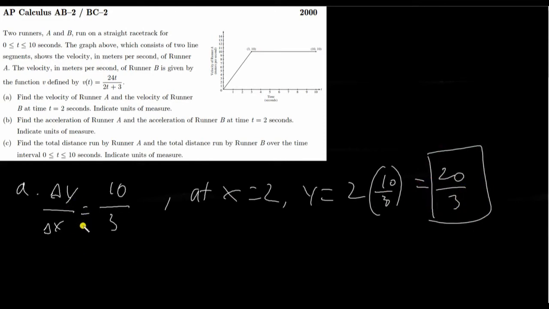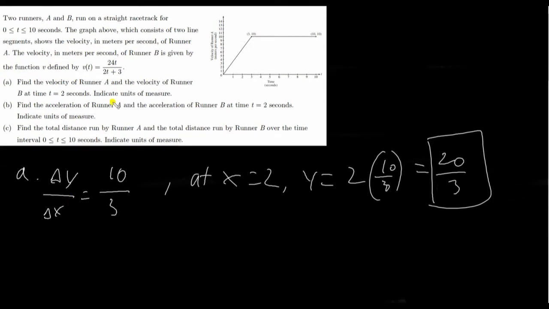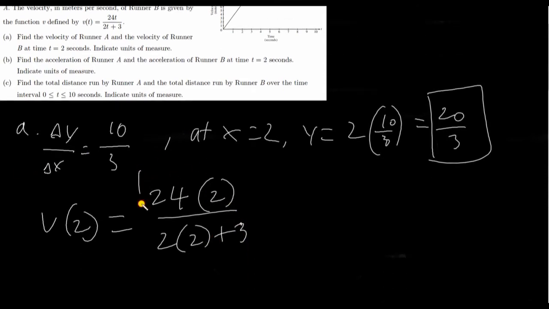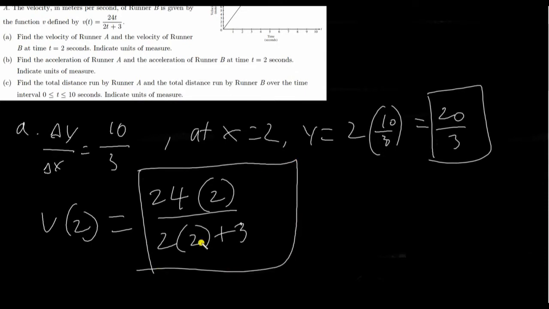And then for runner B, we know his velocity function, so I can just plug in t equals 2 into his velocity function to get v of 2 being equal to 24 times 2 over 2 times 2 plus 3. Right, that's my answer for part A for runner B. And then for both of these, I should include units, and the units for velocity were given up there as meters per second.